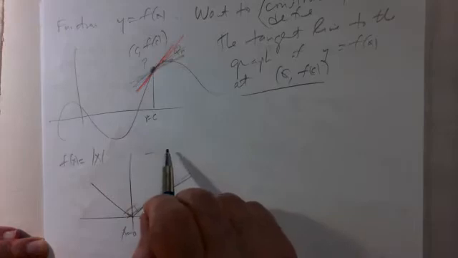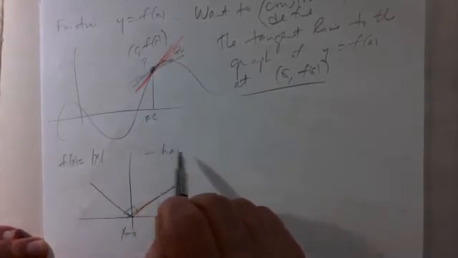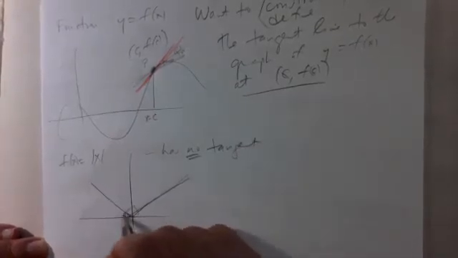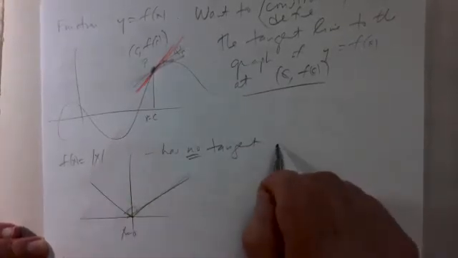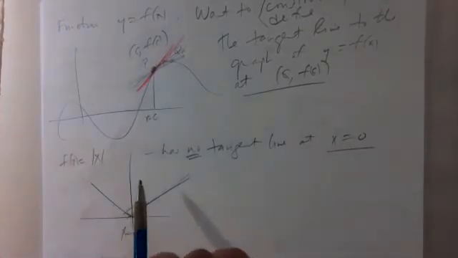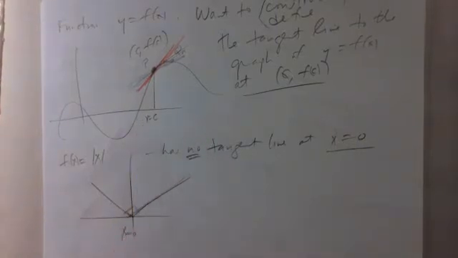And so there's no way to define the tangent to this absolute value function at x equals 0. So we're going to learn that we would like to always be able to define a tangent line. Sometimes it's not possible, and it's also important to know when it's not possible.